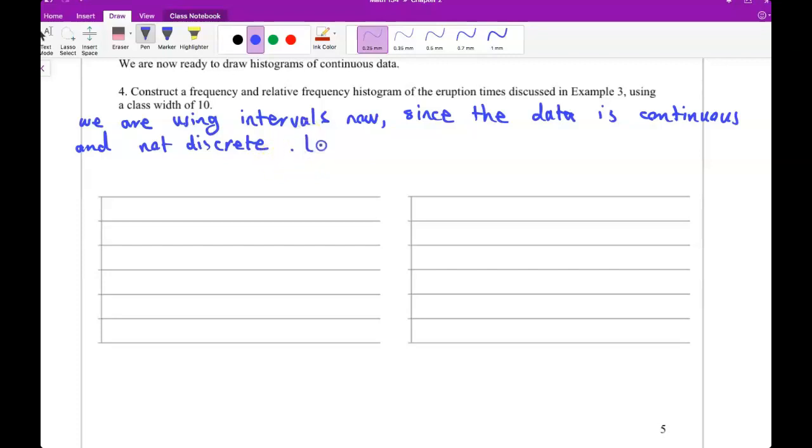So here we should label our x-axis with lower class limits.